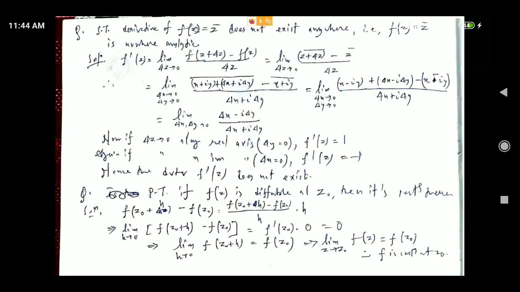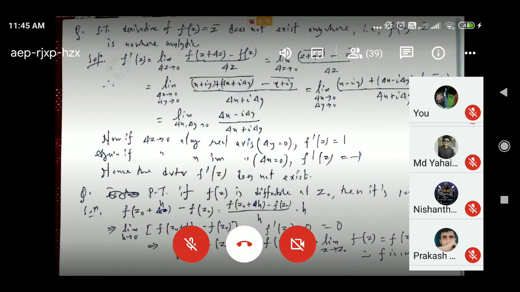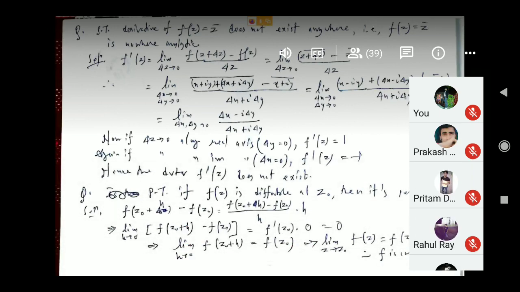This function, let us consider that f(z) = z bar. Z bar is what? Changing the sign of the imaginary part. If x plus iy is given, then x minus iy.